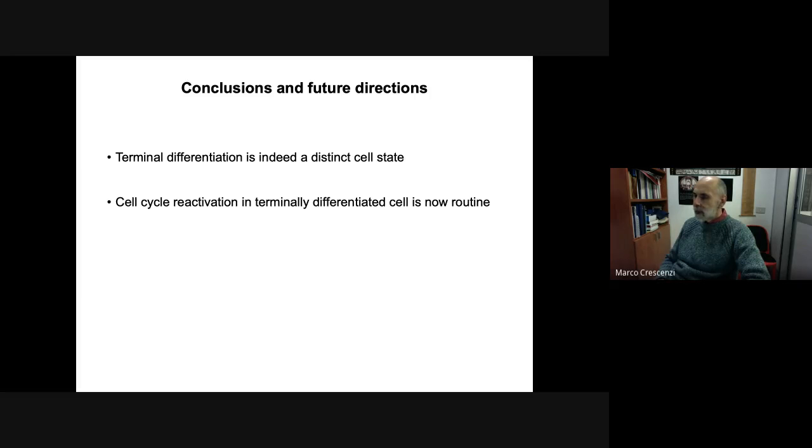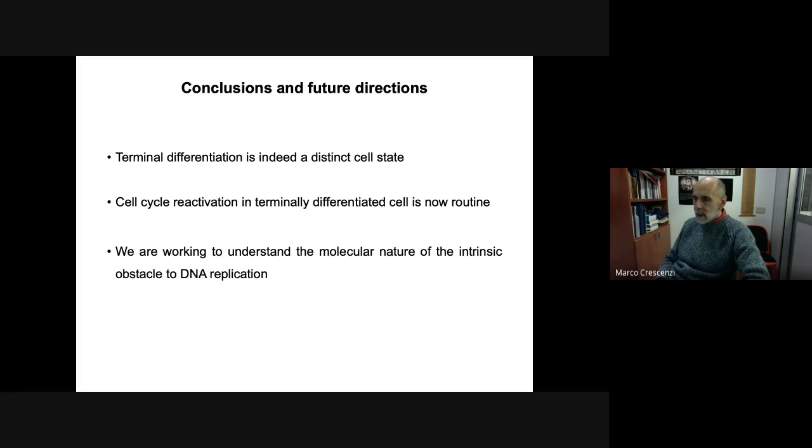Cell cycle reactivation in terminally differentiated cells is now routine, which means we can reactivate them in many ways, and this is no longer a problem. What we need to know is what prevents terminally differentiated cells from fully completing their DNA replication.